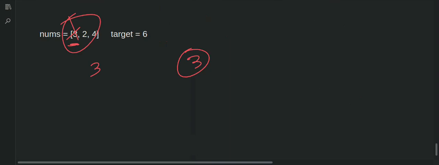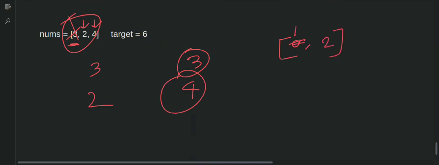Then we go to the next value and check how much more do we need to fulfill the target. We need 4, right? And do we have 4 in our array? Yes, we have. So our result should be 1 and 2. Why? Because index of 2 is 1 and index of 4 is 2.